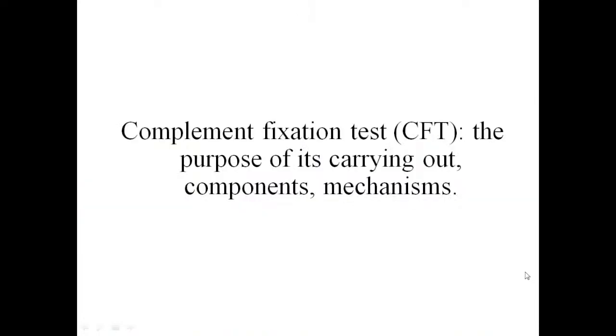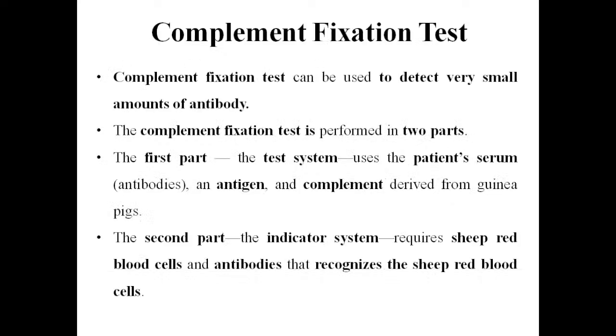Another method is the complement fixation test. It is a complex method. The complement fixation test can be used to detect very small amounts of antibodies. It is performed in two parts.